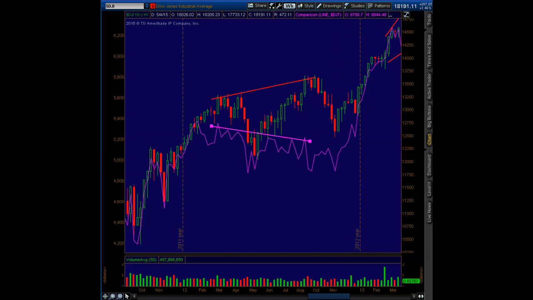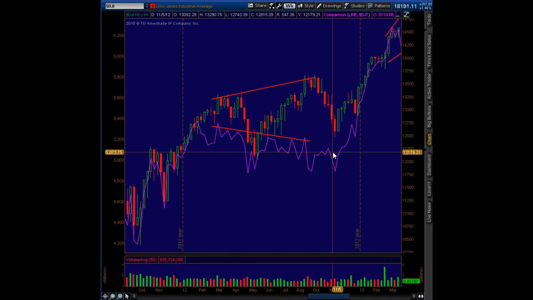You're talking about 1,000 points to the downside on the Dow, and you're getting an indication from transportation. Hey, look out. Even though the Dow Jones is going up, I am going down, and eventually I am going to push the Dow Jones down too. What happened here? It comes down 1,000 points.